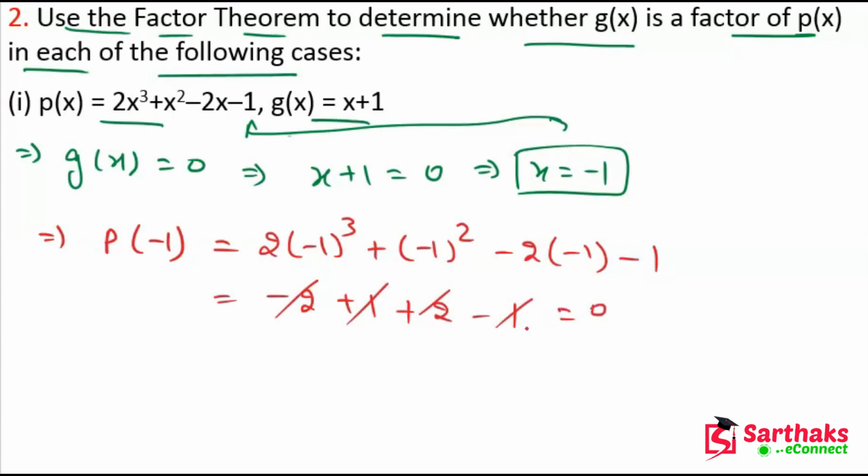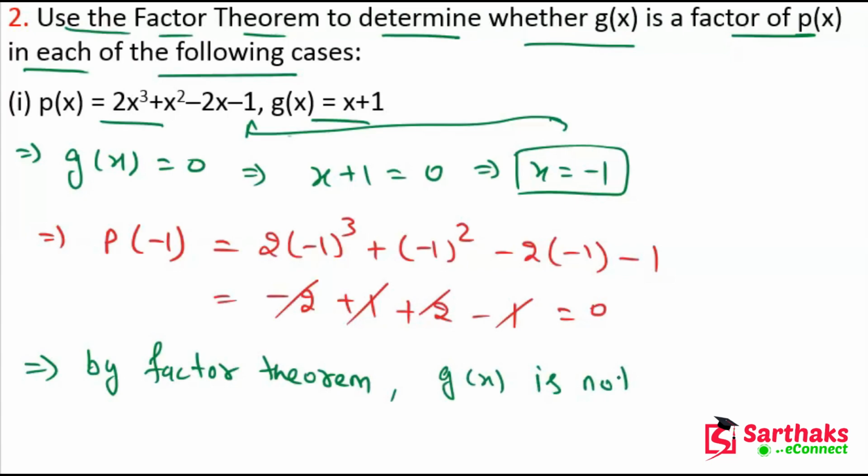We get 0. So by factor theorem, we can say that g of x is a factor of p of x. I hope you understand these things.